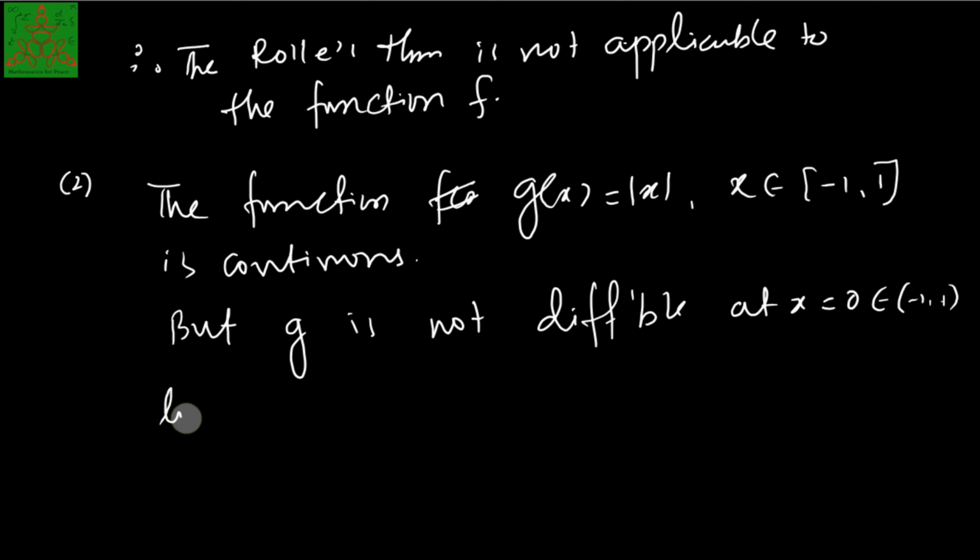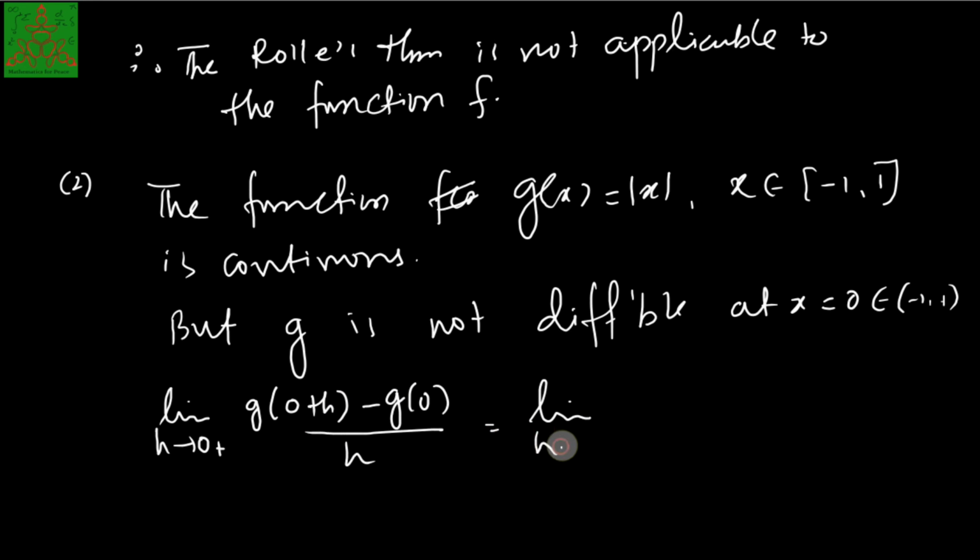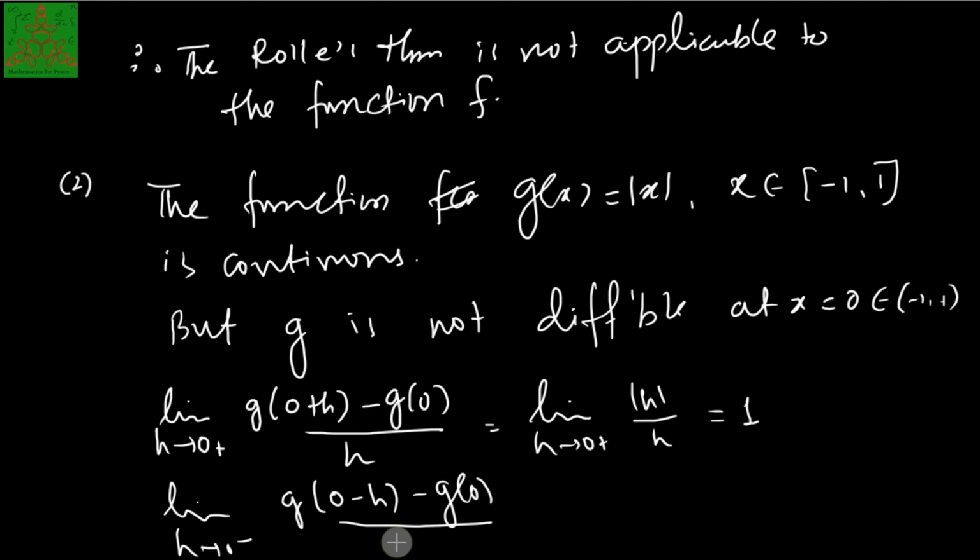The reason is the limit as h tends to 0 from the right of [g(0 + h) - g(0)]/h, which is the limit as h tends to 0+ of |h|/h, which gives 1 if h is positive. On the other side, the limit as h tends to 0 from the left, the left-hand limit, of |h|/h gives -1.